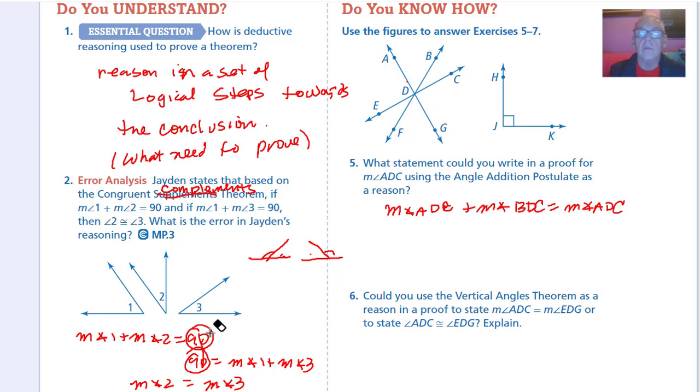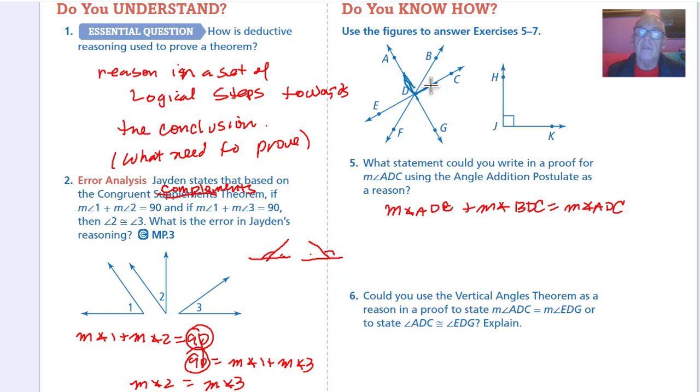Let's look at number 6 now. For number 6, could you use the vertical angles theorem as a reason in a proof to state that the measure of ADC is equal to EDG? So ADC is this angle right here.